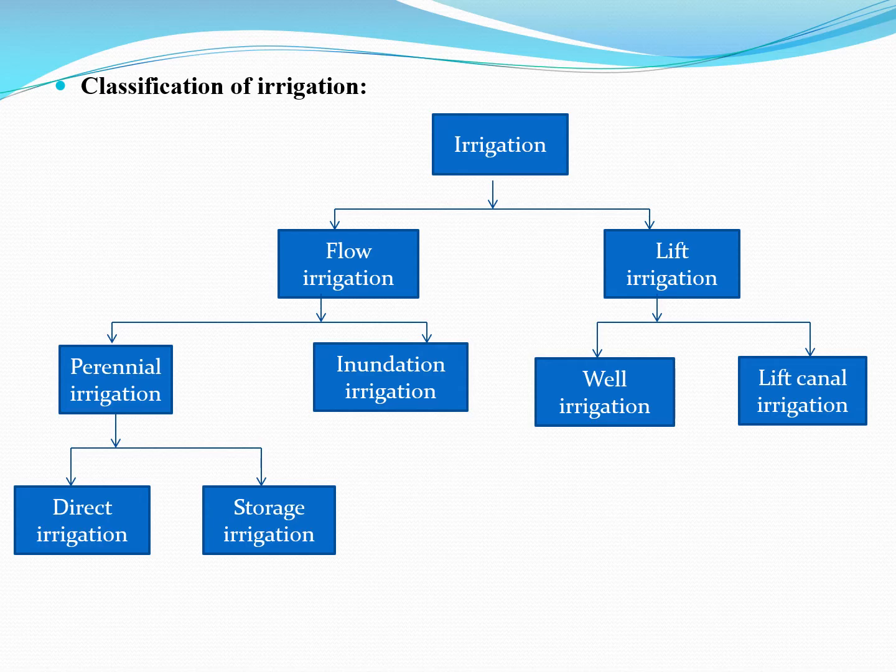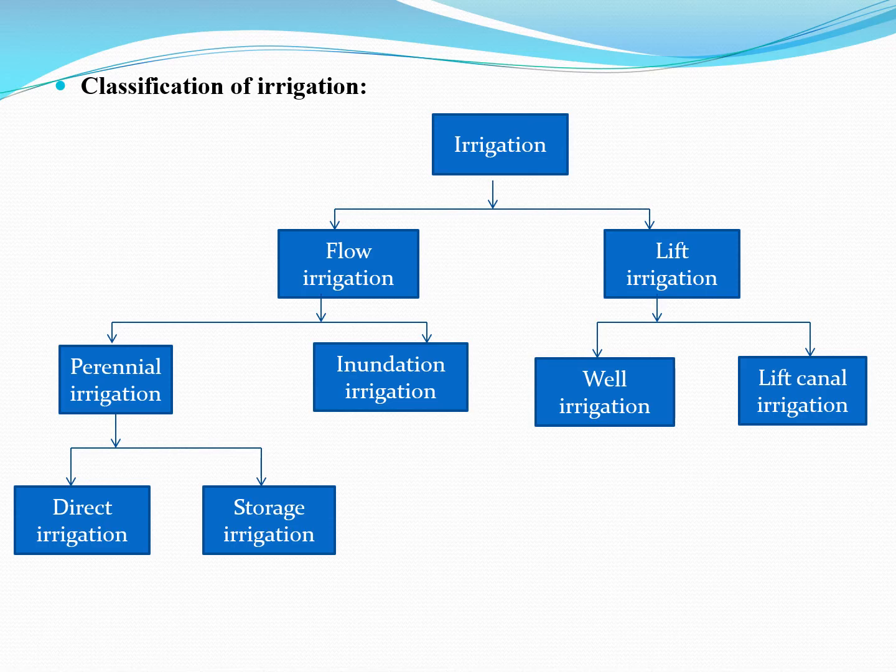Flow irrigation is again subdivided into two categories: perennial irrigation and inundation irrigation. Inundation means flood. Lift irrigation is again subdivided into two categories: well irrigation and lift canal irrigation.